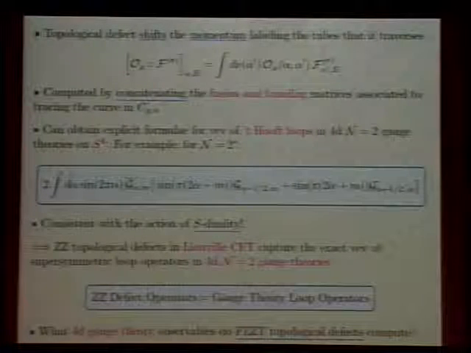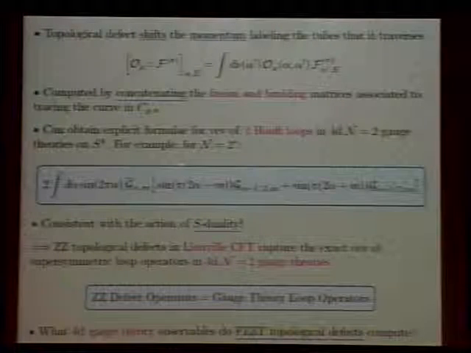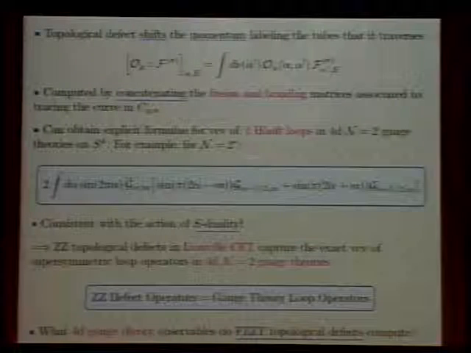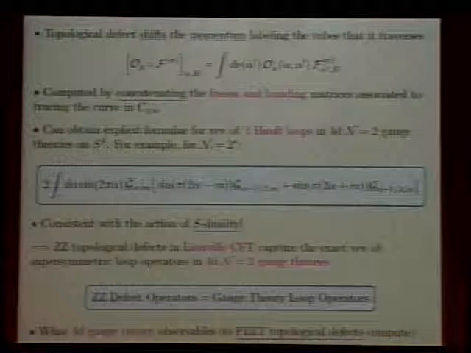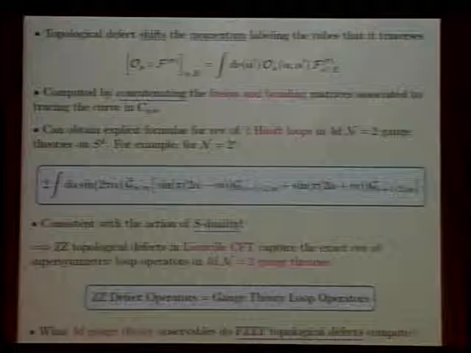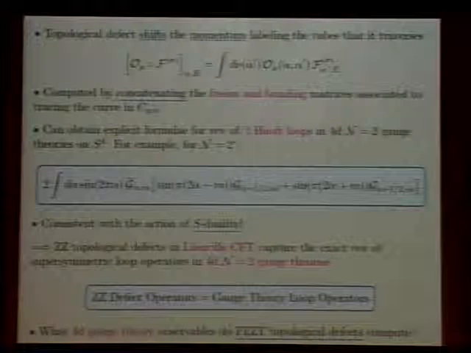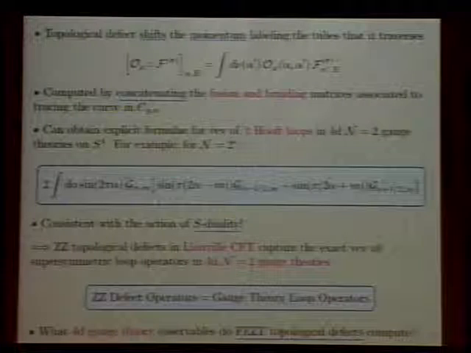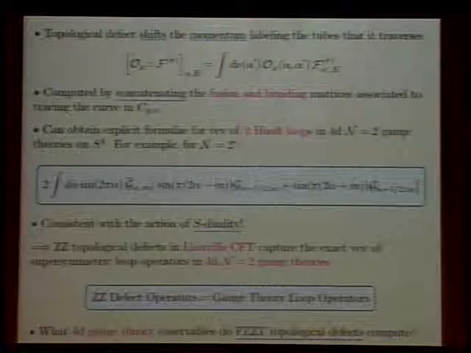So just to tell you a completely explicit formula that you can obtain when doing these procedures, this is the prediction out of this computation of the exact expectation value of a 't Hooft loop in this particular theory. And notice that it has a simple form. The main difference with the case of the Wilson loop is that the momentum that labels the holomorphic and anti-holomorphic conformal block has been shifted.